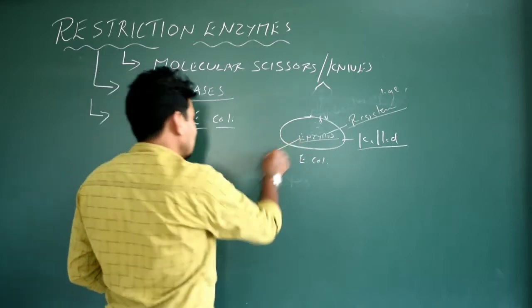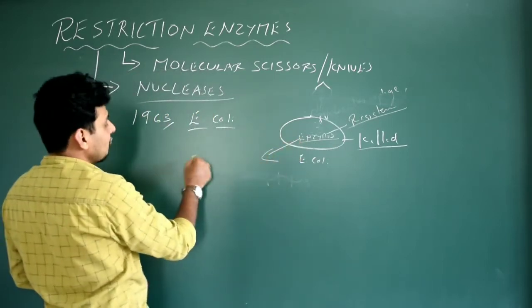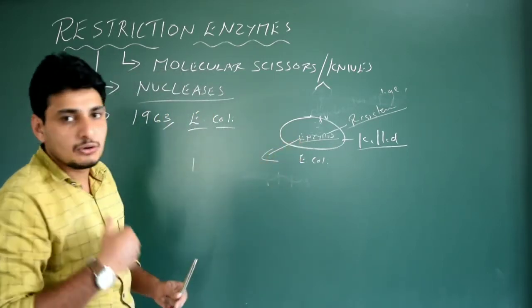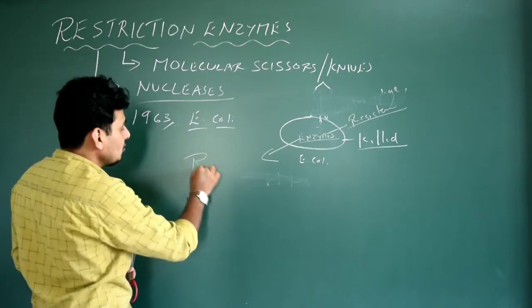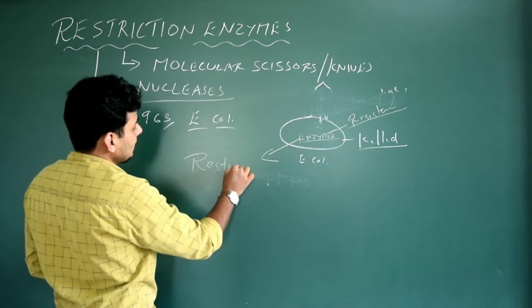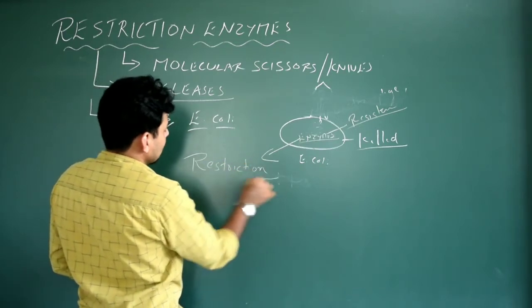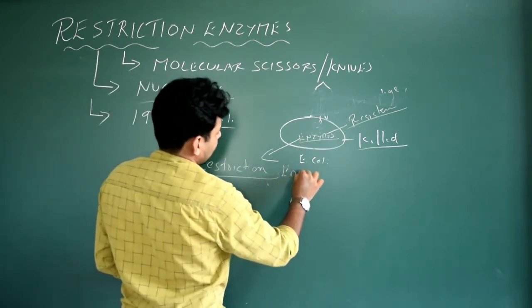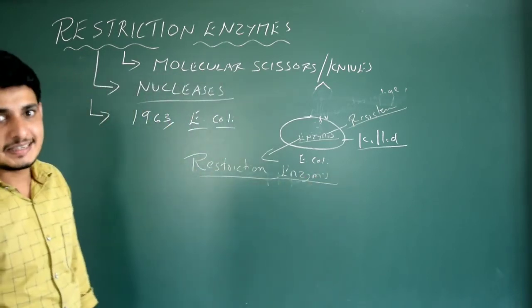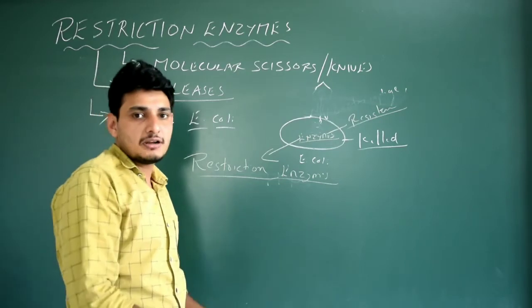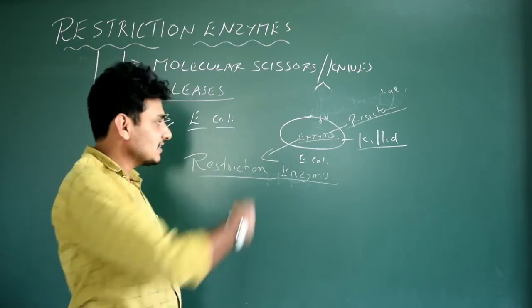Then he extracted these enzymes and finally found that they could cut the DNA at specific sequences, and then it became known that the enzymes were restriction enzymes. That means they restrict the growth or development of genetic material inside a host organism.